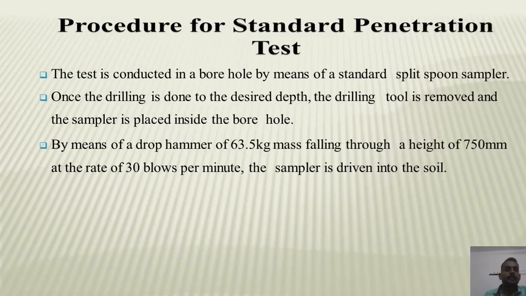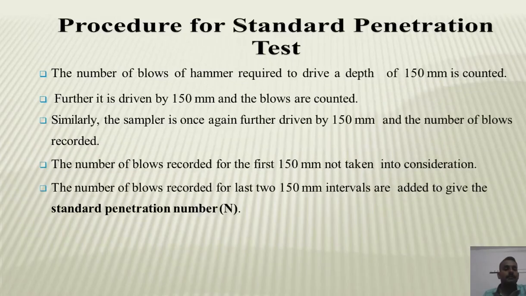The procedure involved in this test is: a test is conducted in a borehole by means of standard split spoon sampler. Once the drilling is done to a desired depth, the drilling tool is removed and the sampler is placed inside the borehole. By means of drop hammer of 63.5 kilogram mass falling through height of 750 millimeters at a rate of 30 blows per minute, the sampler is driven into the soil.